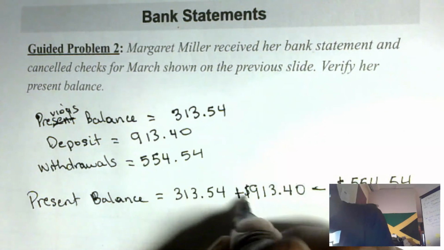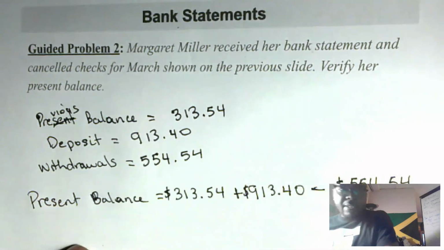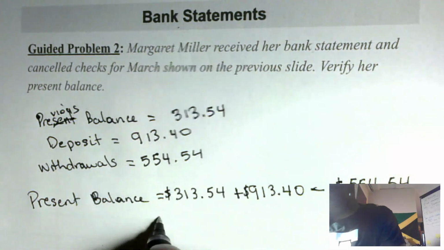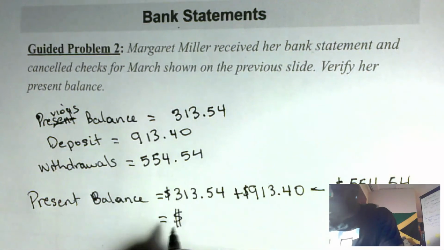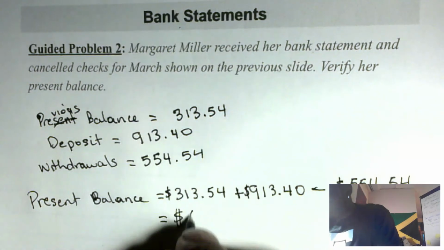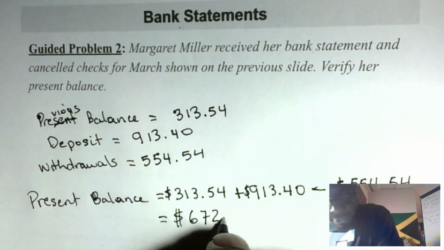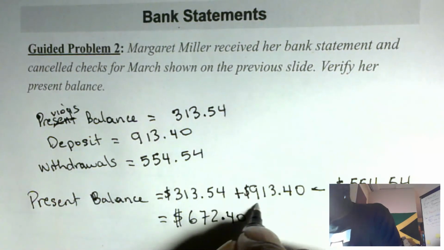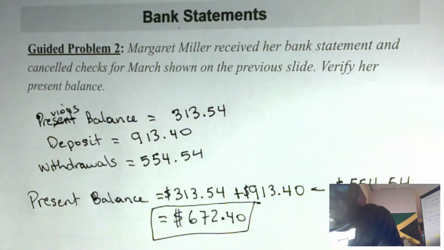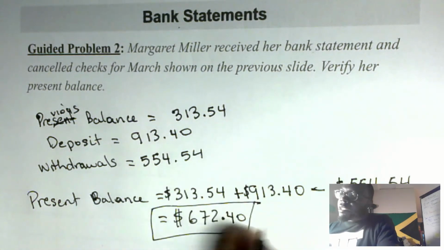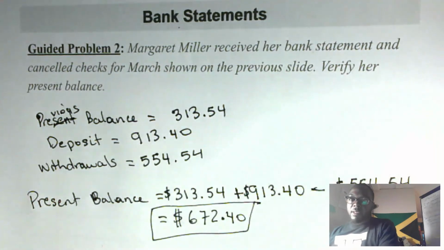Like you see, I embedded the calculator in there. If you plug this in, you get a present balance of 672.40. This shows that the amount we have here matches what's on the statement.